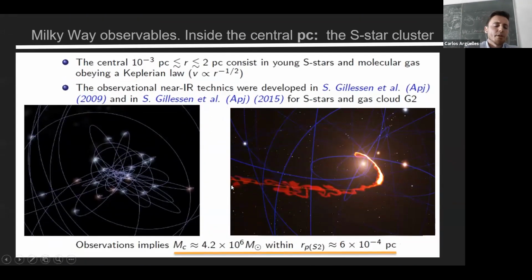So besides this rotation curve data, we can also look at the innermost milliparsec of the Milky Way, and as you see here in the picture on the left, which is the S-star cluster, the central region of our galaxy between milliparsec and a few parsec consists of these young S-stars and molecular gas, following on average a Keplerian law. So it has to be dominated by a very high mass and compact object.